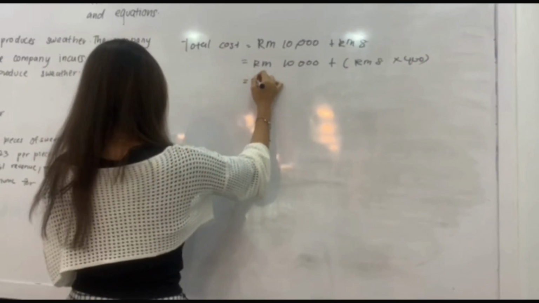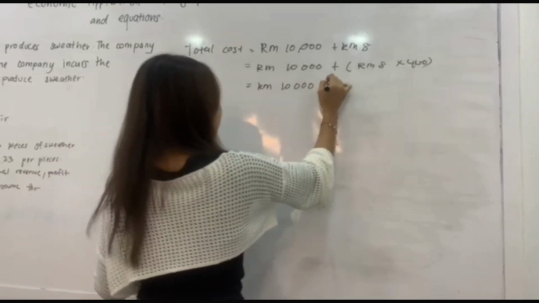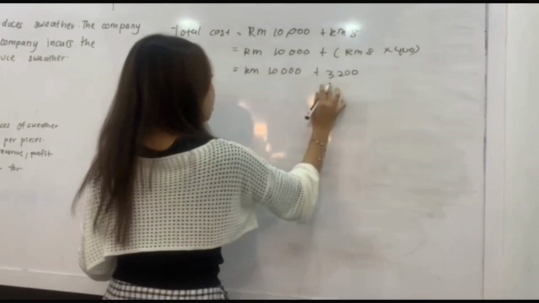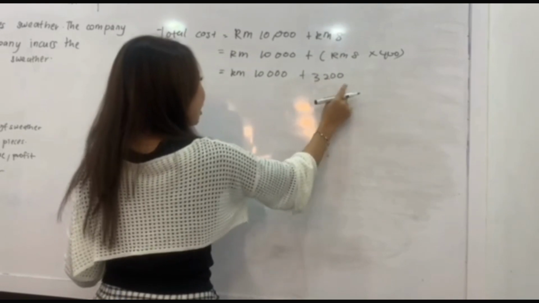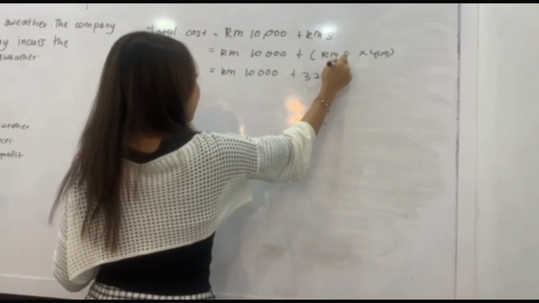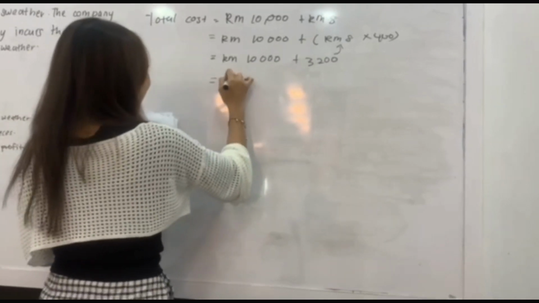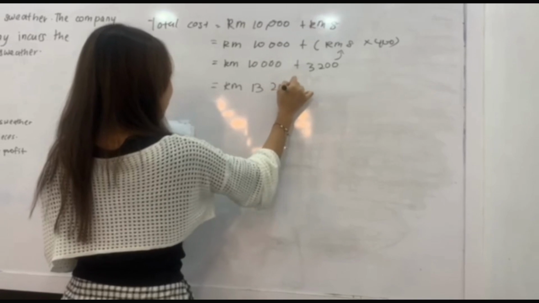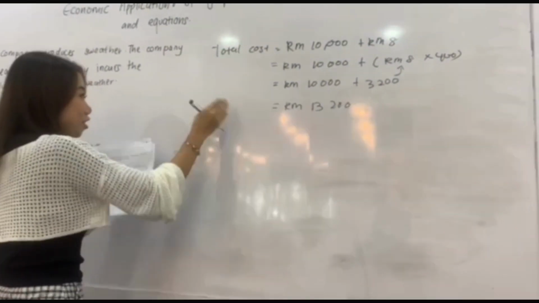So next, RM 10,000 plus 3,200. Oh, 3,200 that we get from this. The last one is equal RM 13,200. So that is for total cost.